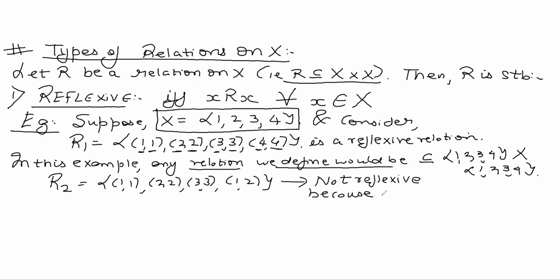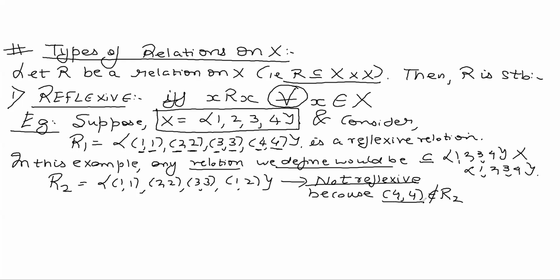Because (4, 4) does not belong to R2. So the point to understand here is that it has to be for all, not for one. So this is not a reflexive relation because (4, 4) is not there.